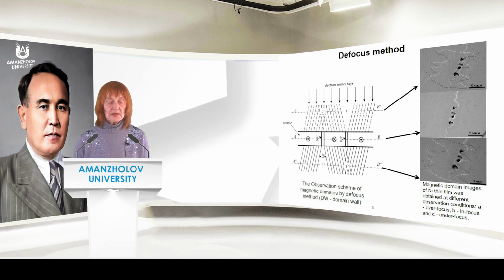The next picture shows the electron beam deflected in the opposite direction with divergence angle 2 phi in the adjacent magnetic domain. Intensity excess is observed in region 1', and intensity lag is observed in region 2'.